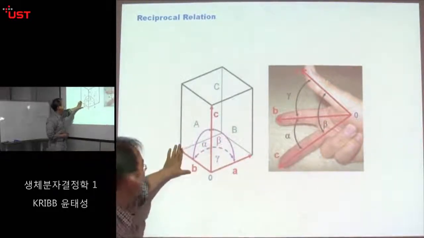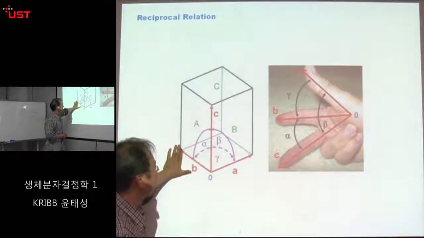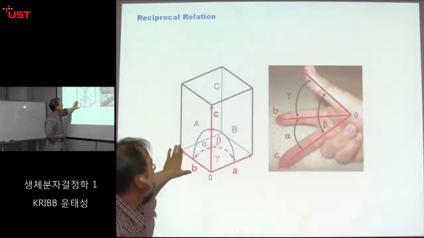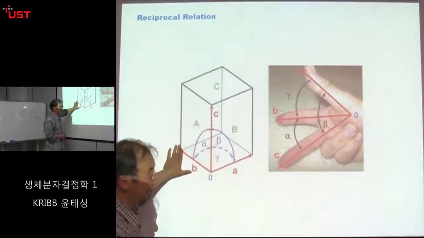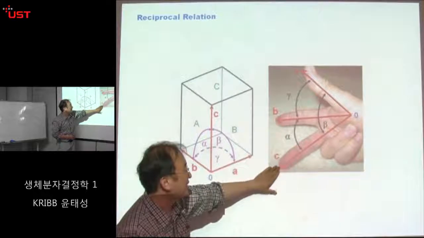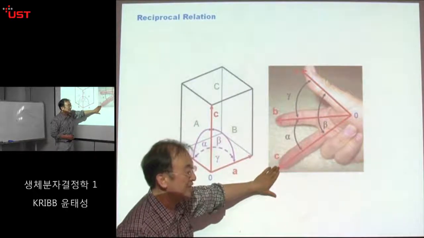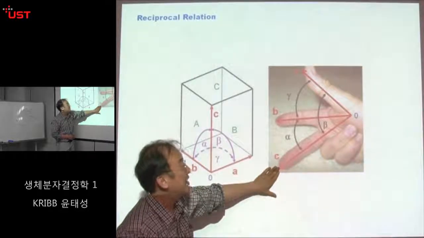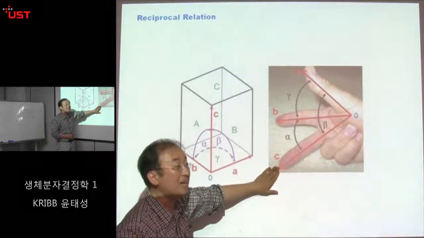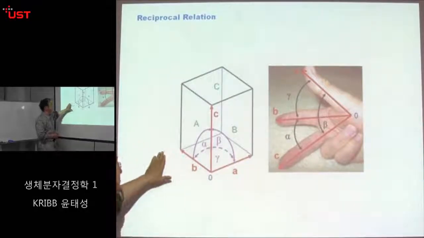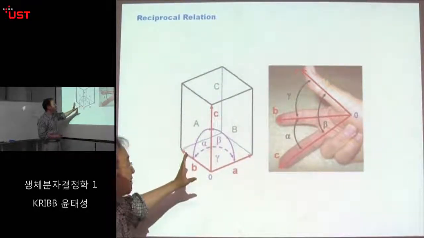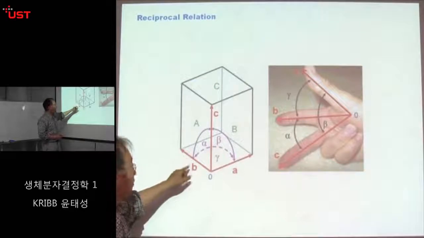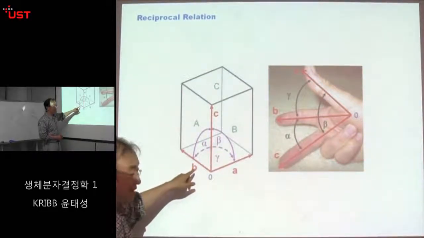Although the left side was drawn in similar form to cubic or orthogonal, if you look at the right side, these are really general case. a, b, c not necessarily equal in length. Alpha, beta, gamma not necessarily equal to 90 degrees. So they do not have any particular constraint on a, b, c lengths and alpha, beta, gamma angles.